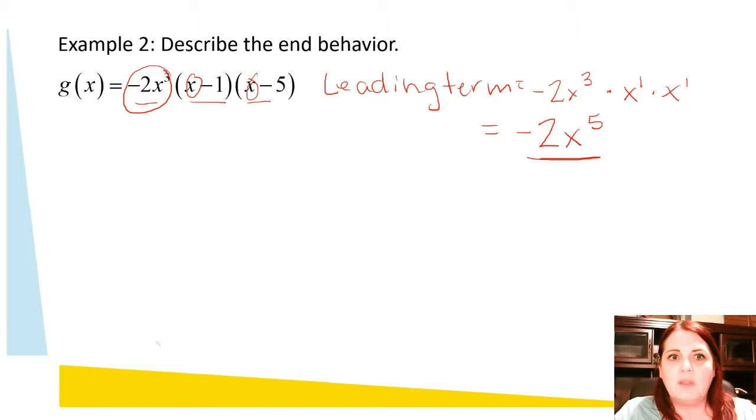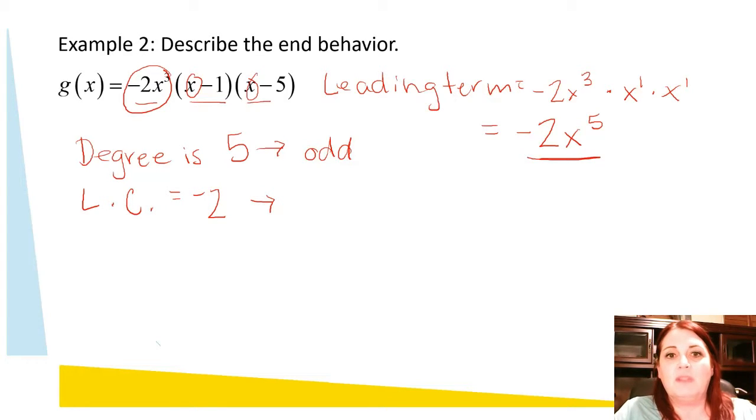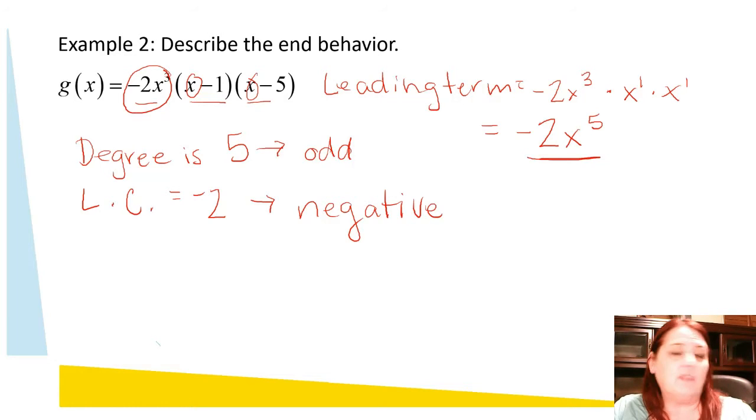Now the degree is 5, which is odd, and the leading coefficient is negative 2, which is negative. So when it's odd and negative, it's going to have the end behavior that looks like this.